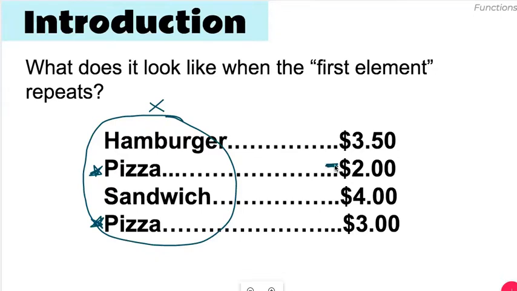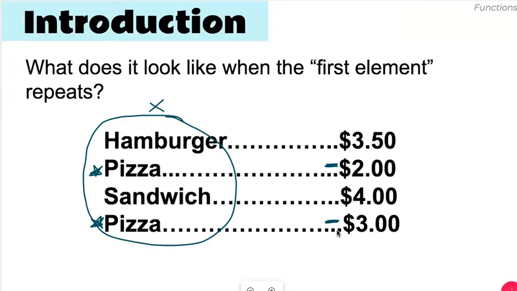If I go to the counter and I get charged $2 for pizza, and you go to the counter and you all of a sudden get charged $3 for the same pizza, are you going to be upset? I would hope so, because something's wrong. It's not like it says pizza and then pepperoni pizza. It says pizza and pizza. That's a problem. If a business ran themselves like this, they'd be out of business.